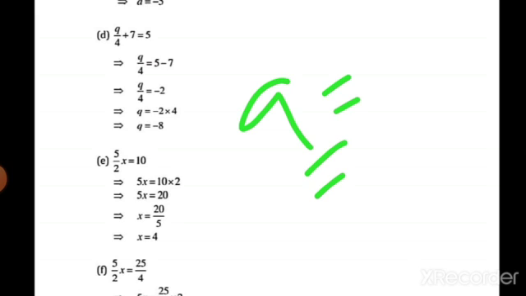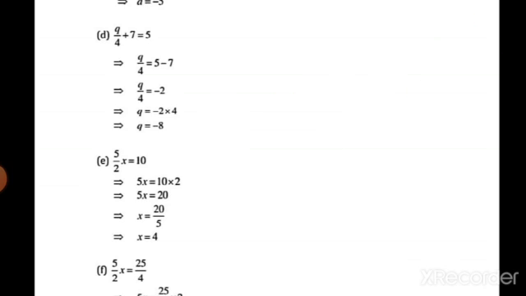After that multiply 2 with 4, so minus 2 multiplied by 4. So q is equal to minus 8. Here you can see that q is equal to minus 8.